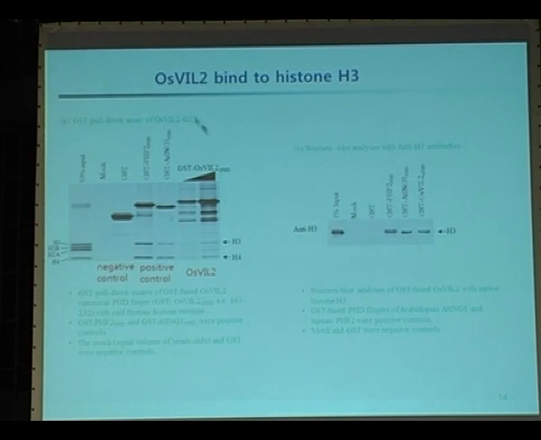Actually, we had to cut a portion of this protein, the N-terminal, and then fused it with GST. And that fusion protein was mixed with histone oligomer, and then we did a pull down assay, and showed that the histone is precipitating, and this Western blot confirmed that histone 3 binds to BIL2.